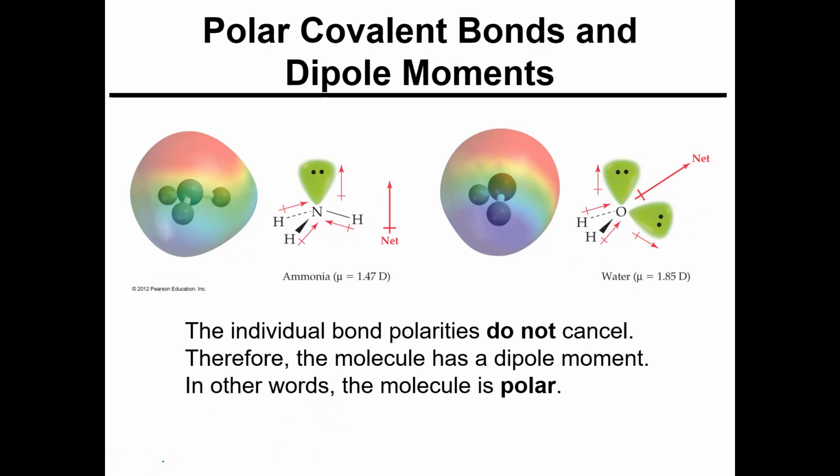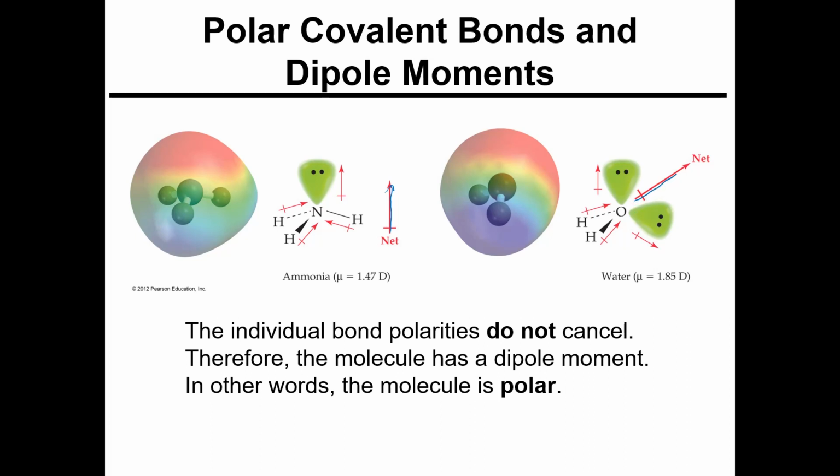If we have something like ammonia, if we look at the N-H bond, nitrogen is more electronegative than hydrogen, which means that all the electrons are going to get pulled towards nitrogen. So there's a net dipole that goes up towards the nitrogen. The same thing happens with water: oxygen is more electronegative than hydrogen, so all the electrons get pulled towards oxygen.